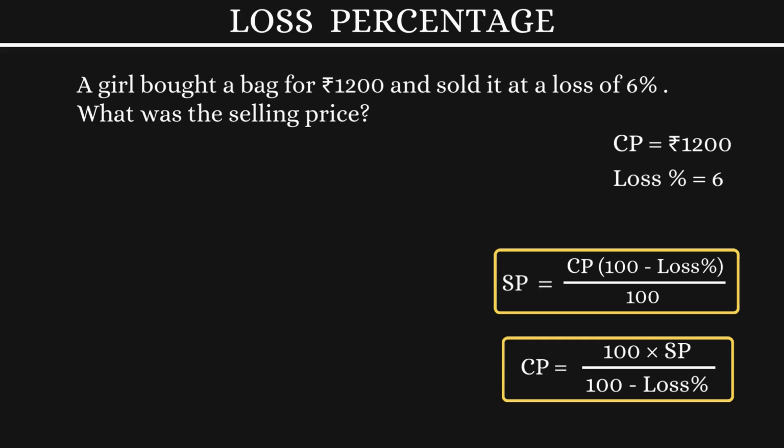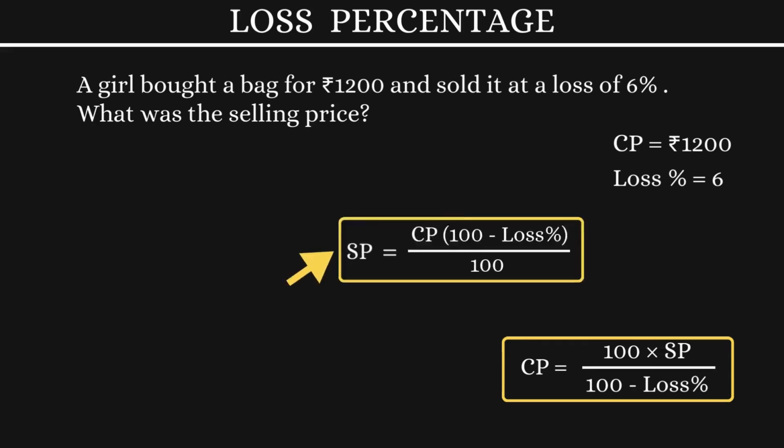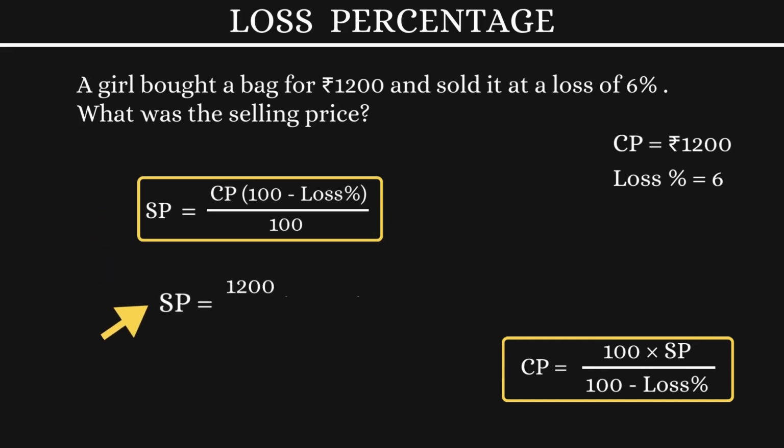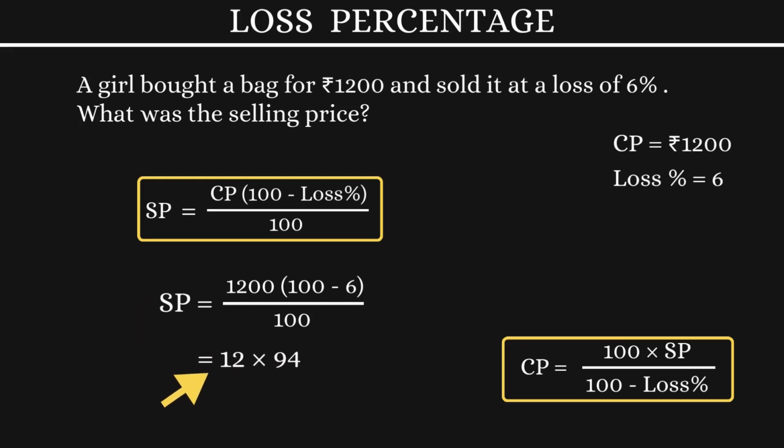Let's directly use them in this formula. 1200 into 100 minus 6 divided by 100. That becomes 12 into 94, which is 1128.